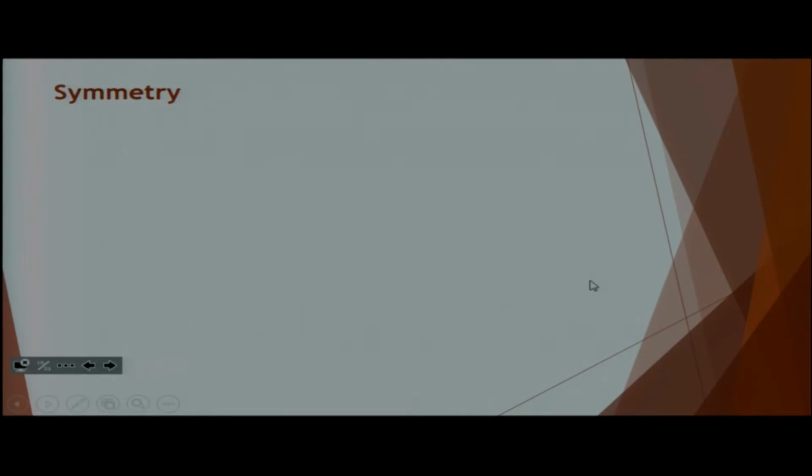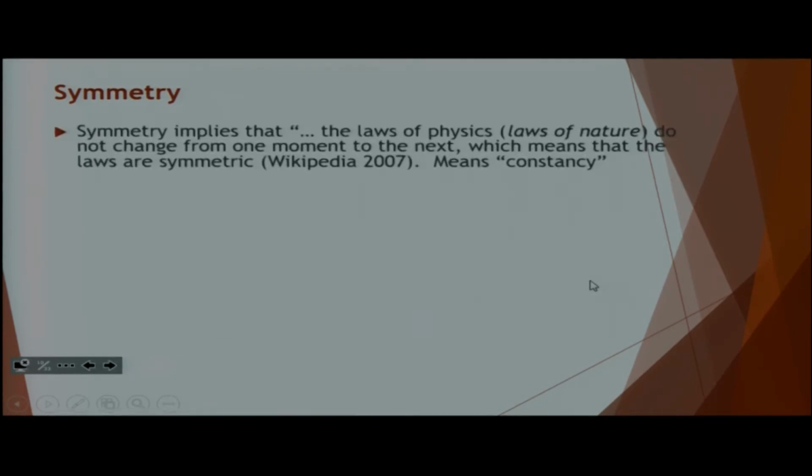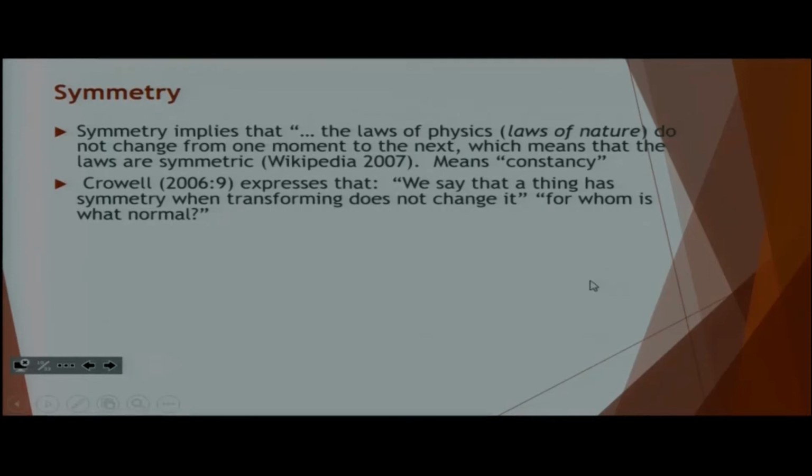That's your second characteristic. Keep it in mind. Another one, symmetry. Symmetry implies that the laws of physics, or the laws of nature, do not change from one moment to the next, which means the laws are symmetric. They do not change.